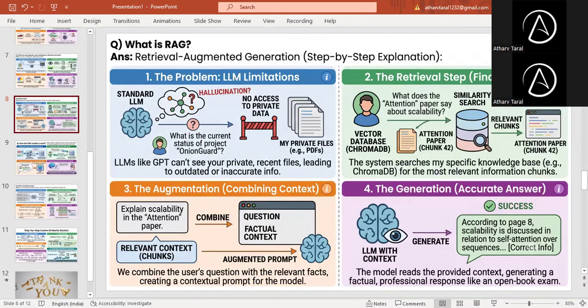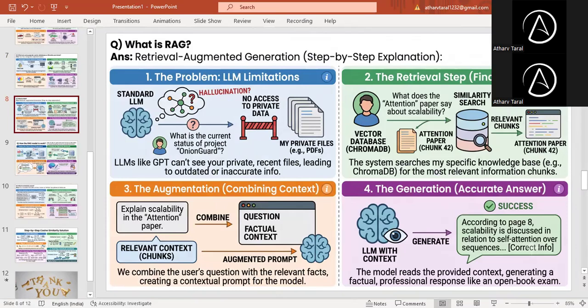The retrieval step: when the user asks a question, the system first goes to the vector database like ChromaDB, which I have used in my project. It searches through my specific documents, like the attention paper in this file, and finds the most relevant chunks of text. The augmentation: now instead of just sending the user's question to the LLM, we combine it.